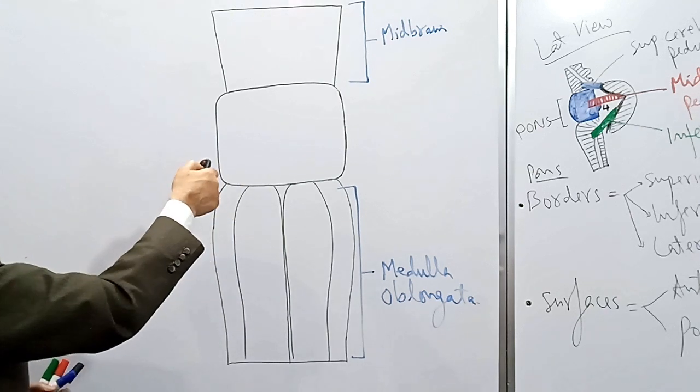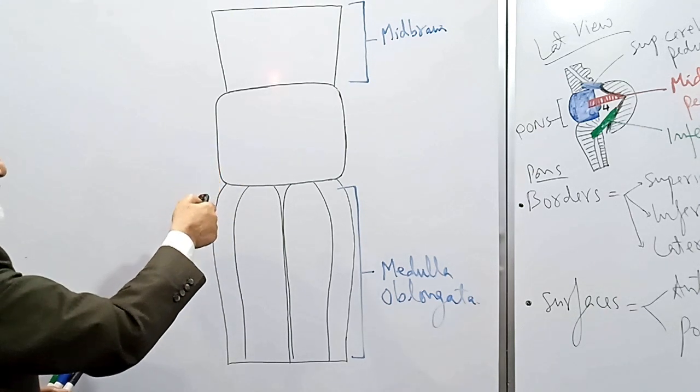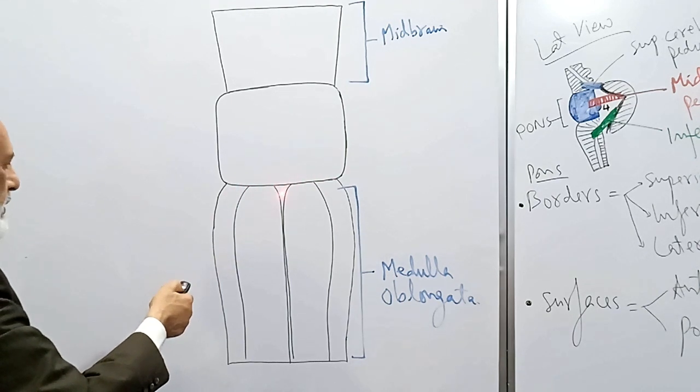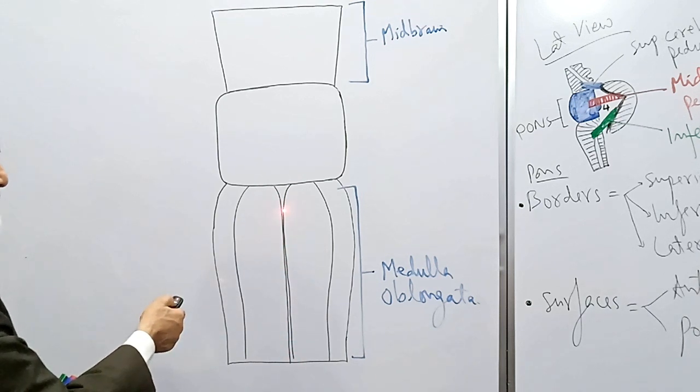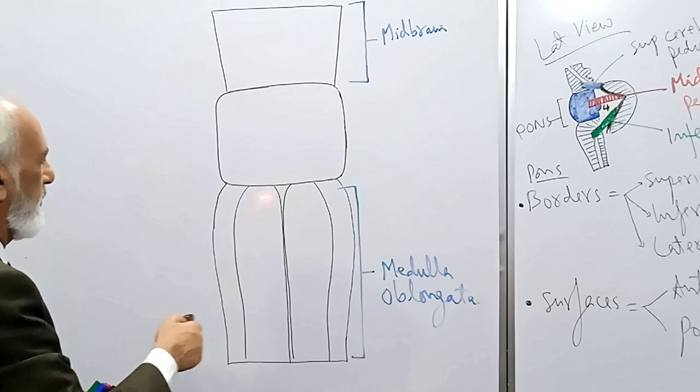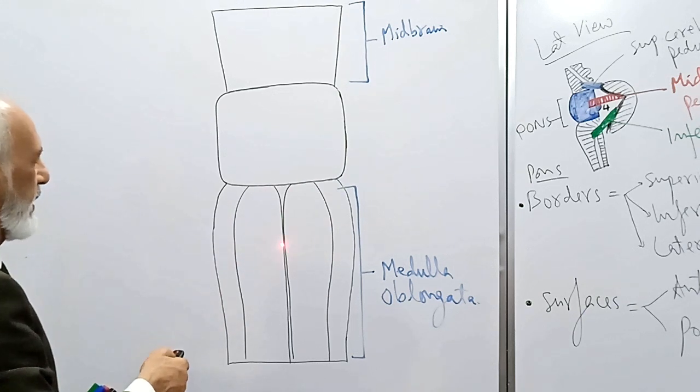So above, the midbrain enters into the pons, and from below the pons, the medulla oblongata starts. And then you can see behind the pons and behind the medulla oblongata is the cerebellum.